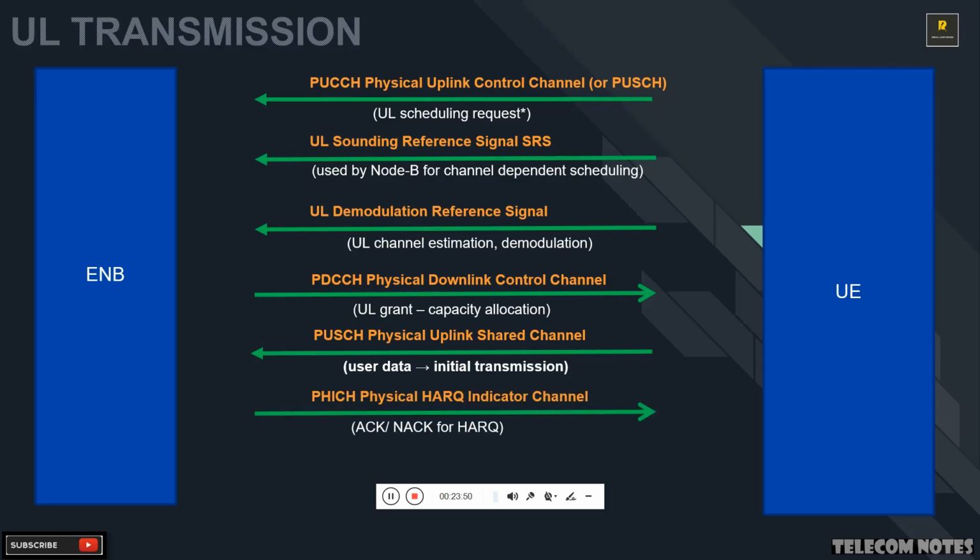For the acknowledgement, the eNode B sends PHICH, that is the physical HARQ indicator channel, with the ACK or NACK to the UE regarding the PUSCH user data initial transmission, and after that the uplink process has started. So on PUSCH, user data is uploaded from the UE to the eNode B now.